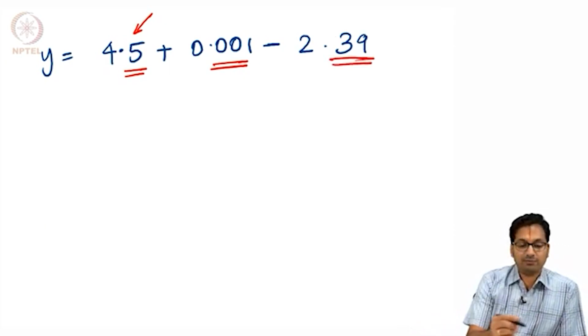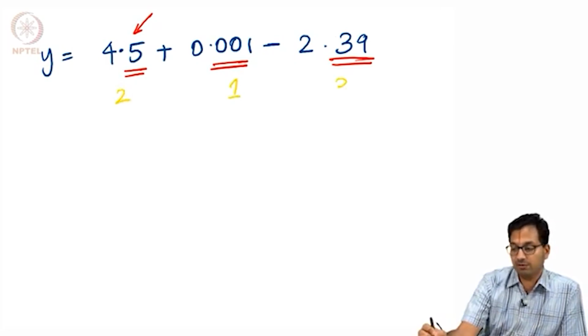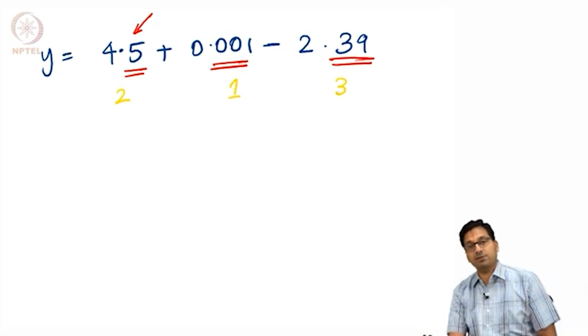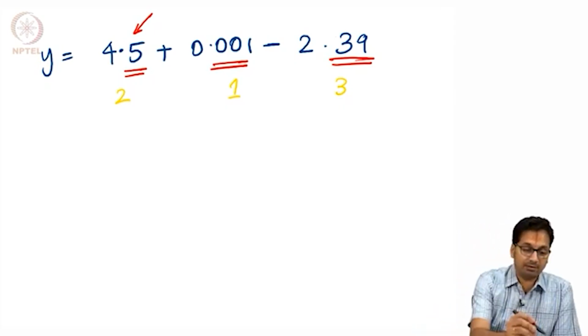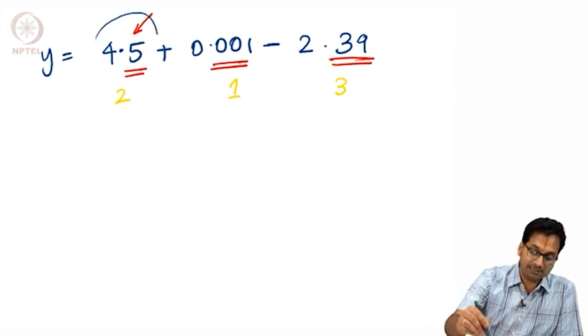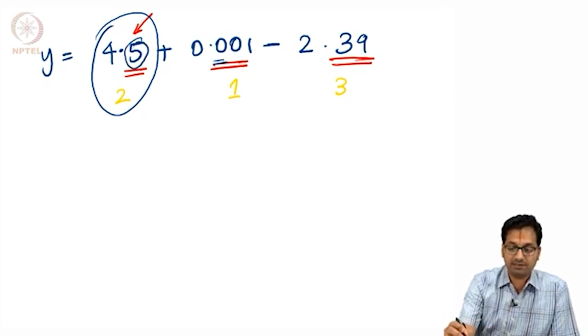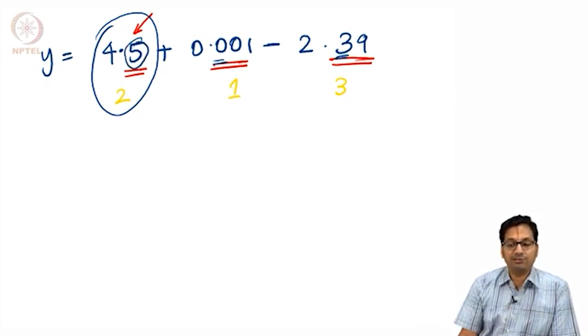So, significant figures for these are quite varying. So, this is 2 significant figures, 1 significant figure and 3 significant figures. So, let us assume that these are all volumes that we are trying to measure, and we are trying to take a sum or difference with respect to each one of them, and we are able to realize that the maximum uncertainty is associated with this, meaning that within the first decimal itself the value changes.